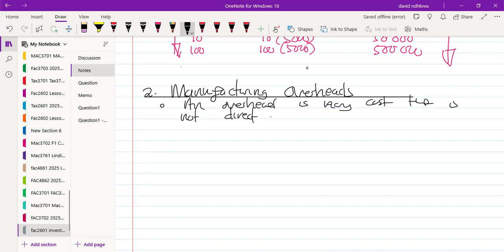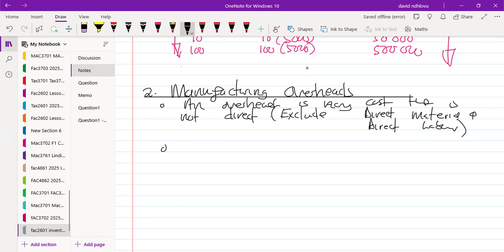So it means that from the word overhead, we exclude only 2 things: direct material, if we have it, and direct labor. Any other cost incurred is an overhead cost.